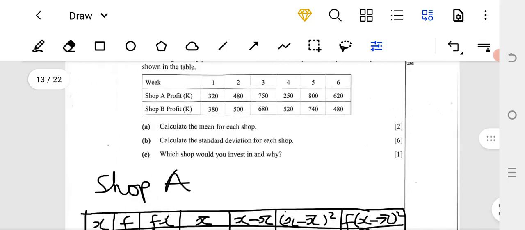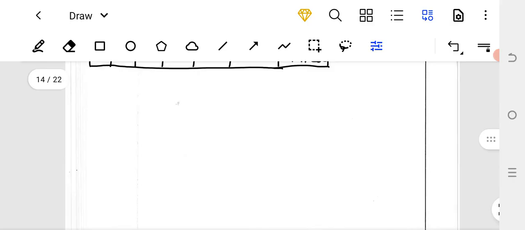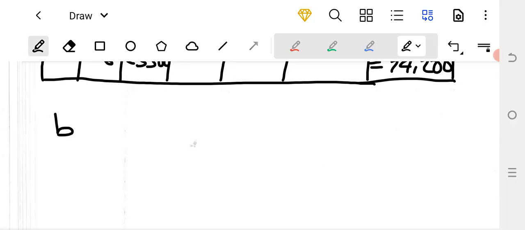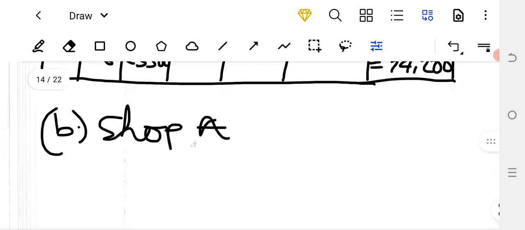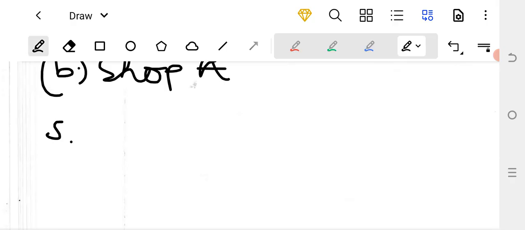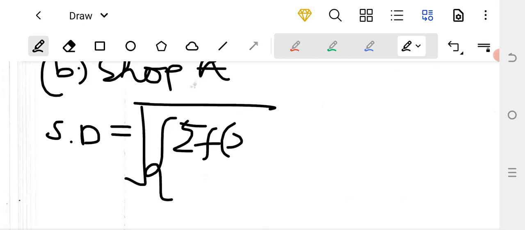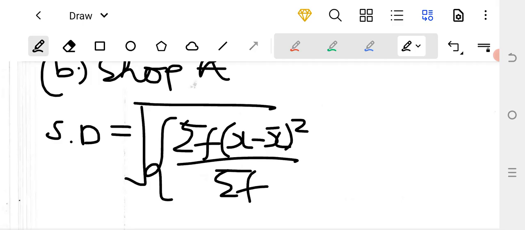Question B: calculate the standard deviation for each shop. I'm going to calculate it under table B. For shop A, standard deviation, which is SD, is equal to the square root of the summation of f times (x minus x bar) squared, divided by the summation of f.